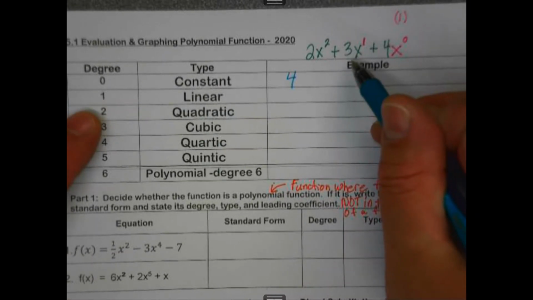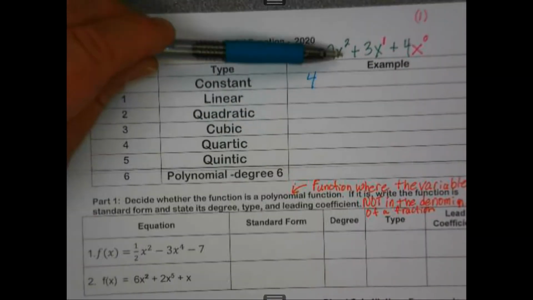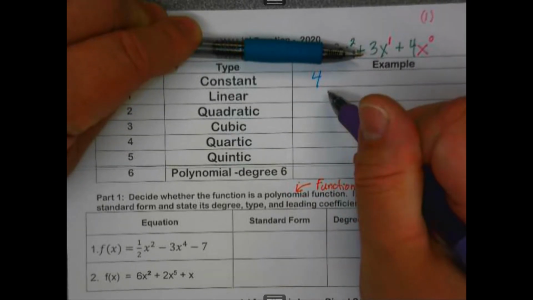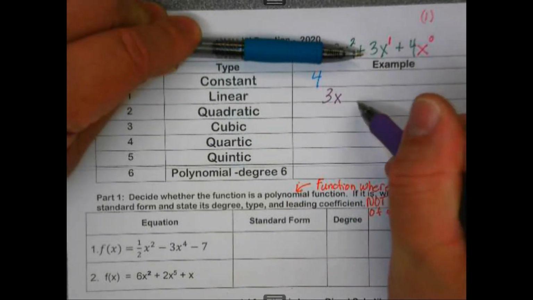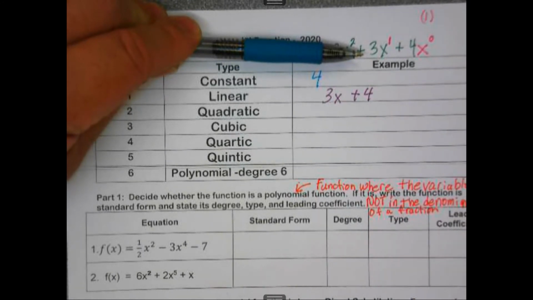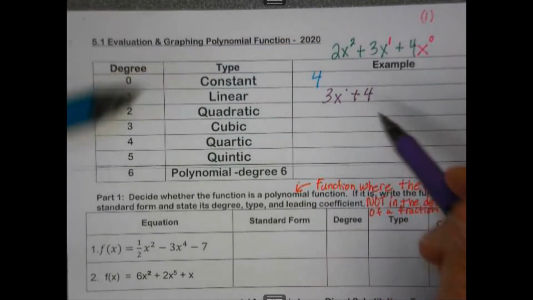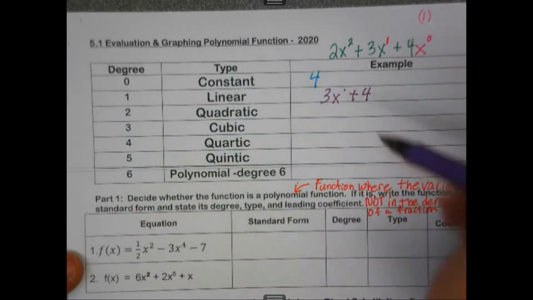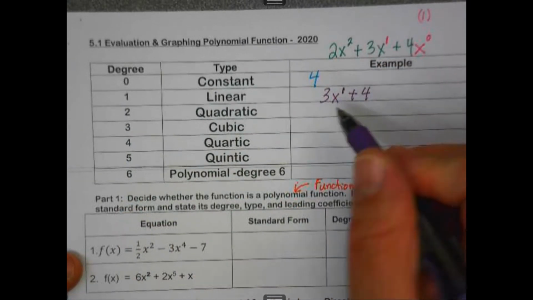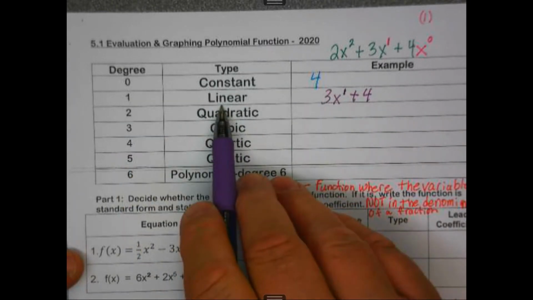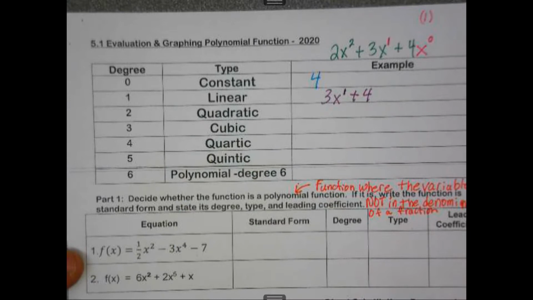Now, if I didn't have the 2x squared, and I just had the 3x to the first, and I can even put the 4 there, don't have to, but if I put the 4 with that 3x, that is x to the first, which is degree 1, because this is to the first power. The exponent of my variable is 1. We call that a linear polynomial.